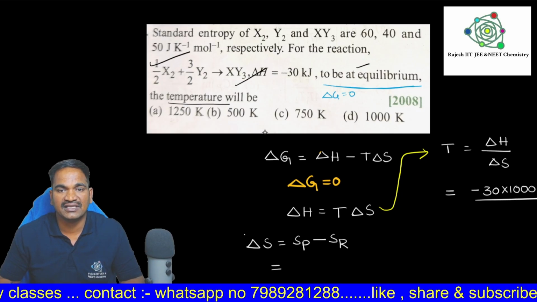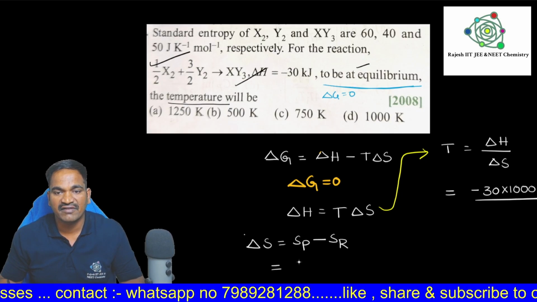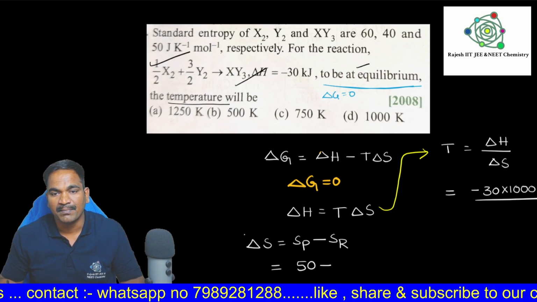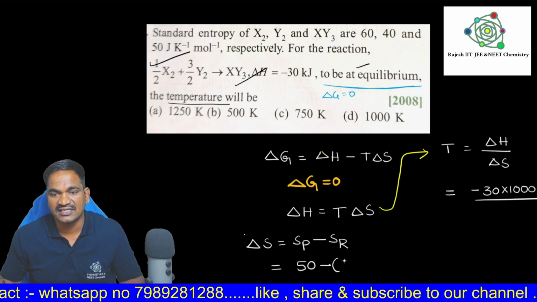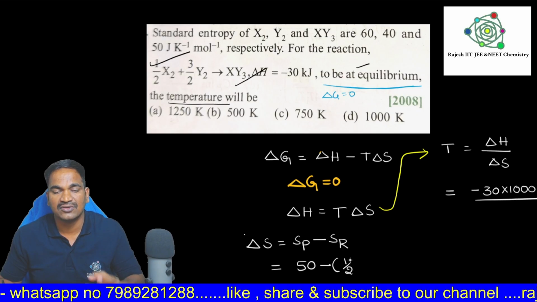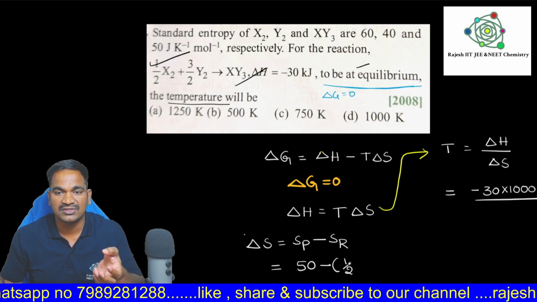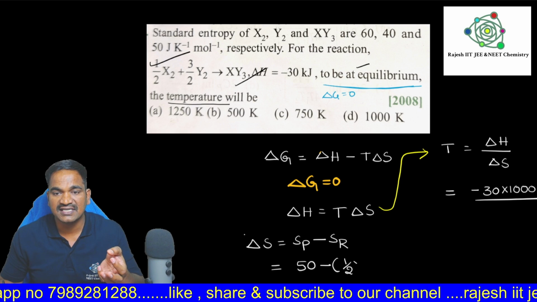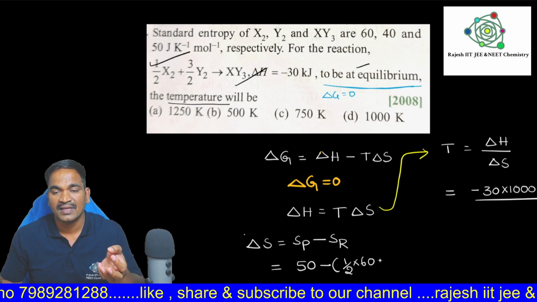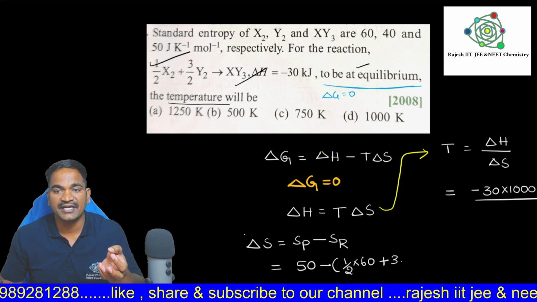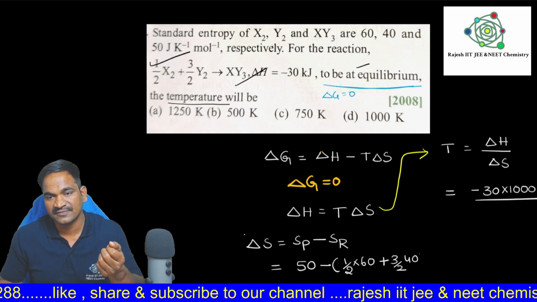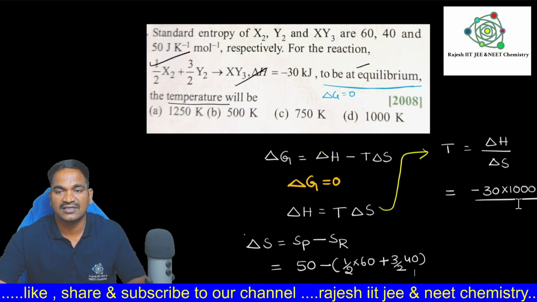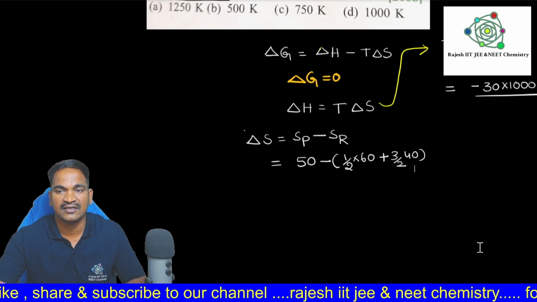Products entropy in the reaction, how much is given? 50 minus reactants. For the reactants, the coefficient is half moles, so half into 60 plus 3 by 2 into how much? 40 is given.